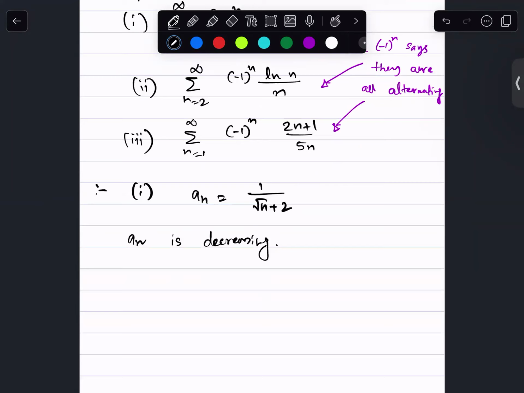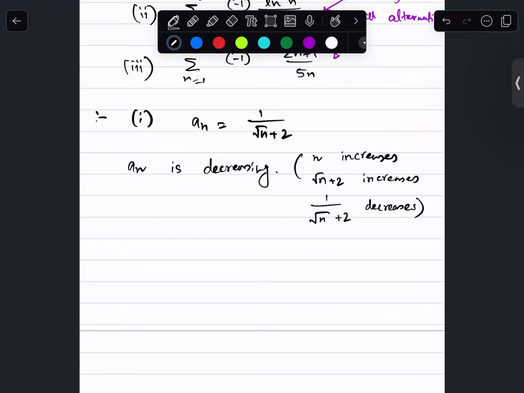The reason is when n increases, square root of n plus 2 also increases. So 1 over square root of n plus 2 decreases. And that is basically decreasing terms, right? When n increases, an decreases. I hope things are making a little bit of sense.